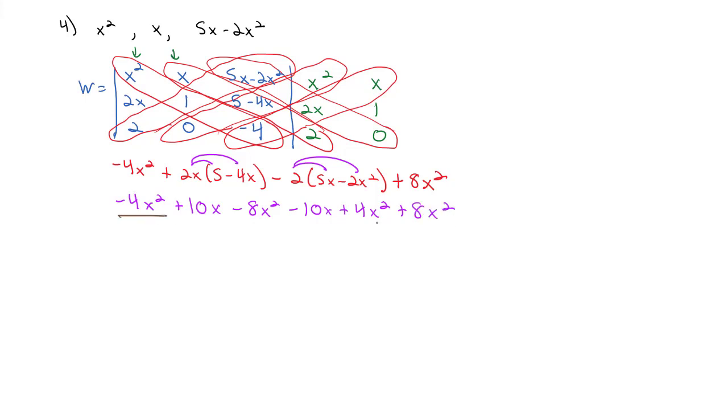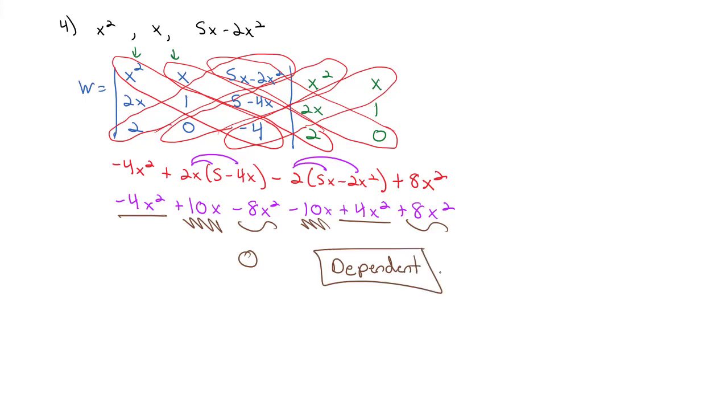Combining like terms, negative 4x squared plus 4x squared is 0. Negative 8x squared plus 8x squared is 0. 10x minus 10x is 0. Because the Wronskian is 0, we can then conclude that these functions are dependent. But we already knew that because we found earlier a linear combination of those functions.